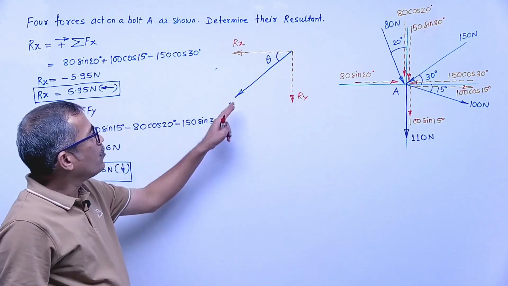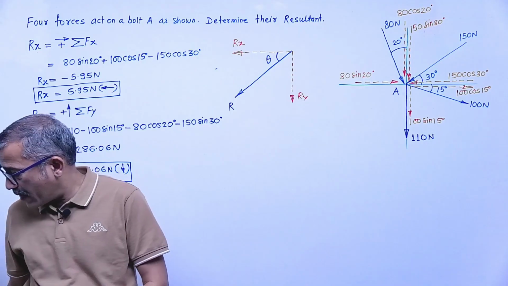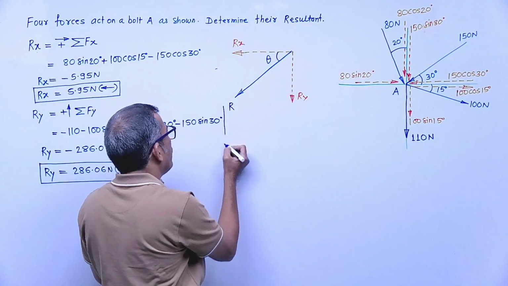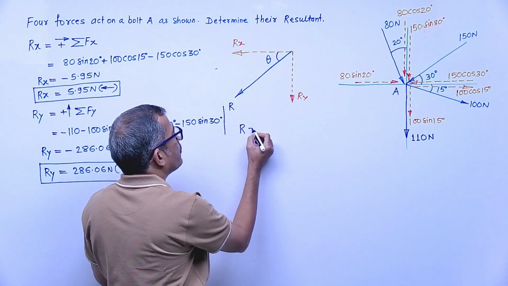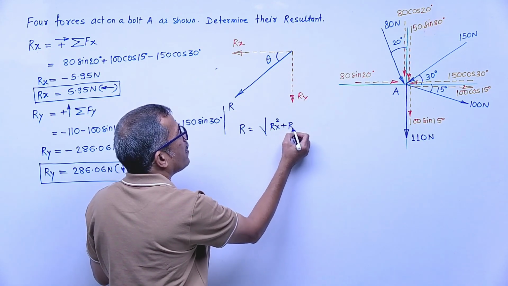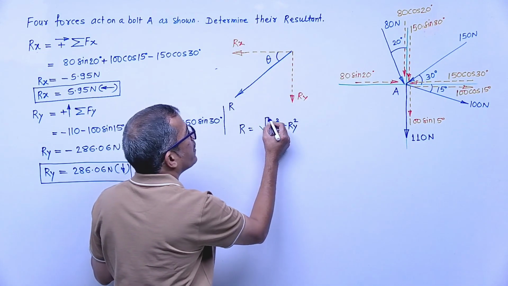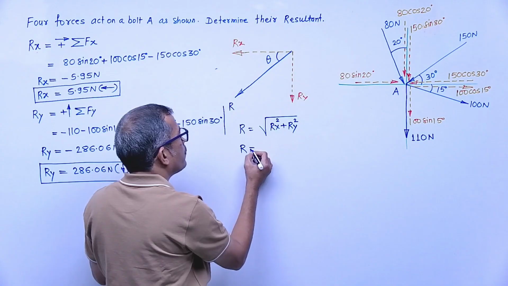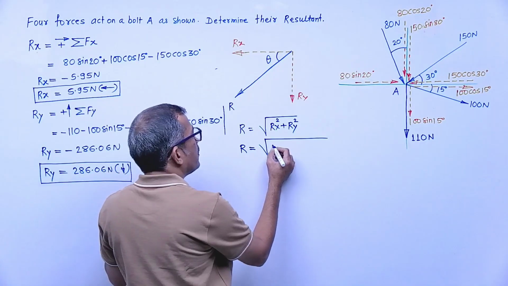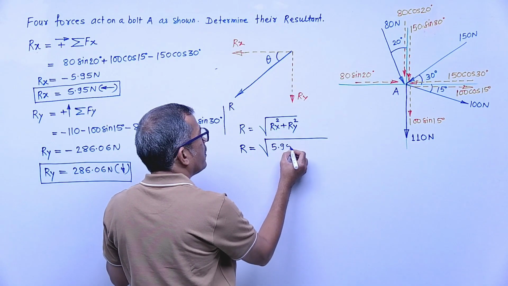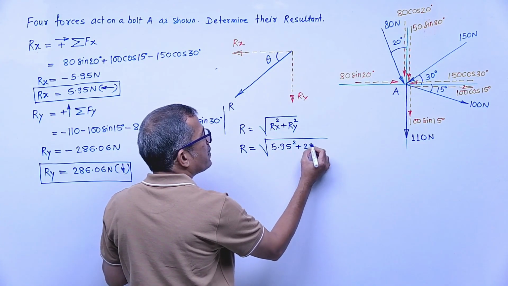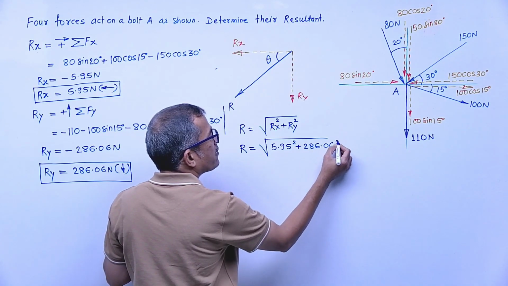Clear? How do we find the magnitude of the resultant? Applying the Pythagoras theorem, R equals the root of Rx square plus Ry square. The value of Rx is 5.95, so R equals the root of 5.95 square plus 286.06 square.